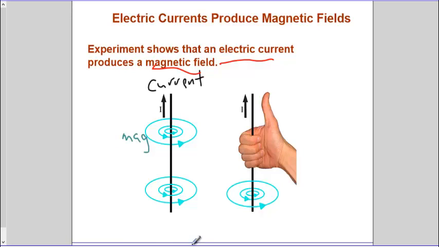The way we determine the orientation of the magnetic field, if you look, these magnetic field lines are always circles, is the right hand rule. So we take our thumb and point our thumb in the direction of the current, and then always use our right hand to do this. The way our fingers curl, the magnetic field is in that direction.